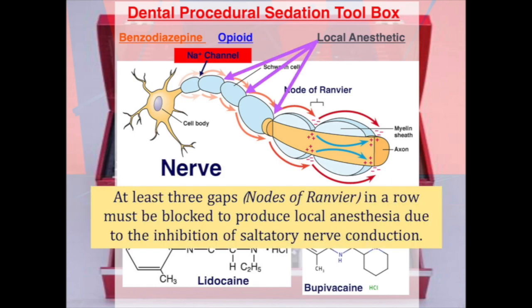So we've got to block with our local anesthetic 3 of those gaps. Those are called nodes of Ranvier, and we've got to block at least 3 of them to get a good, potent, effective local anesthetic. The conduction of the signal along the nerve is called saltatory conduction. It will go from node to node to node to node.